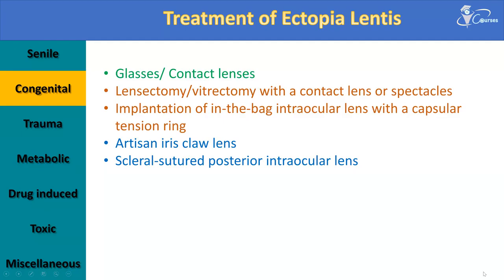Scleral fixation intraocular lens can also be done if there is no capsular support. And of course, there will be no capsular support in such conditions, and if an iris-supported lens is not feasible.